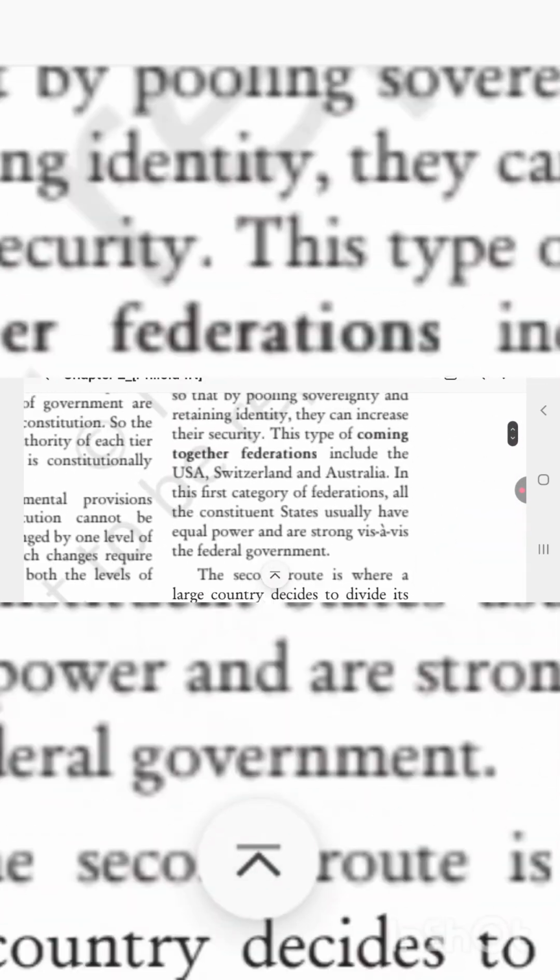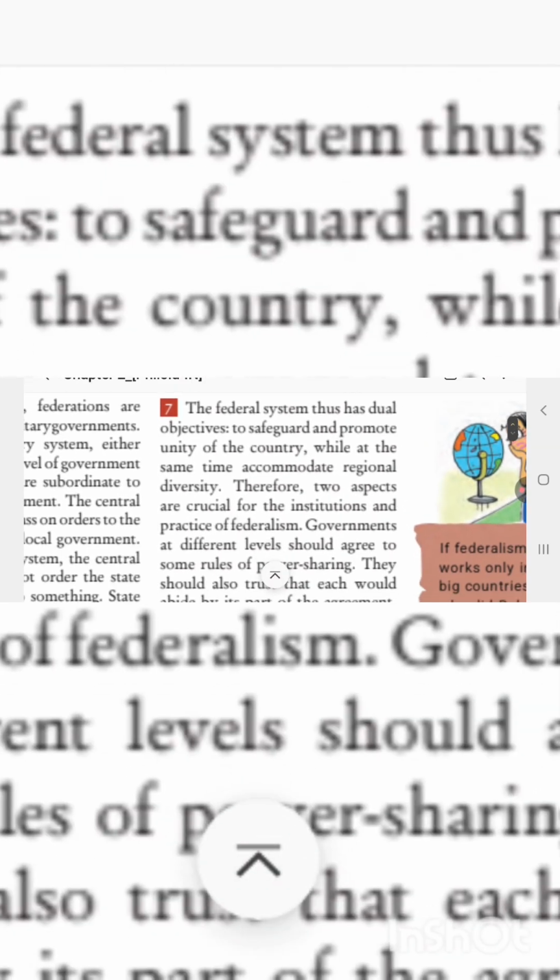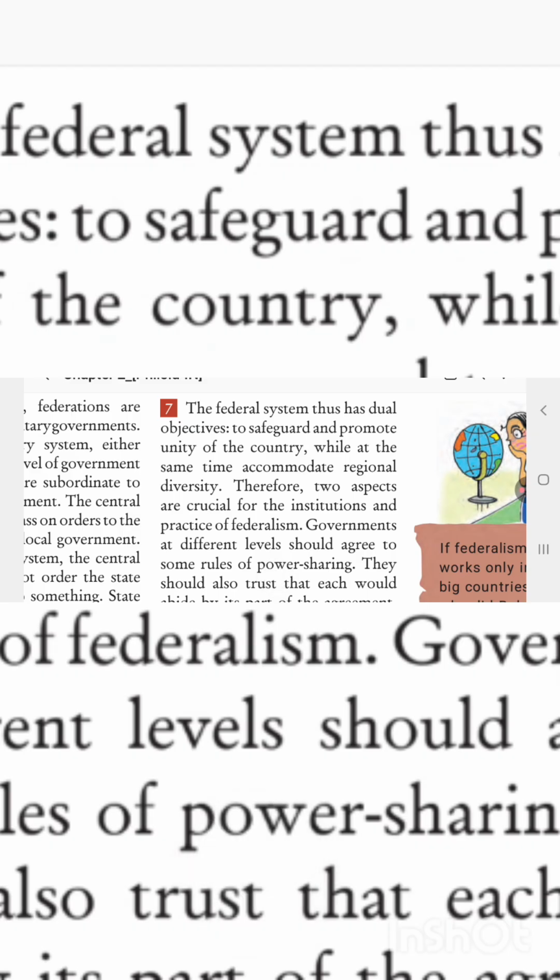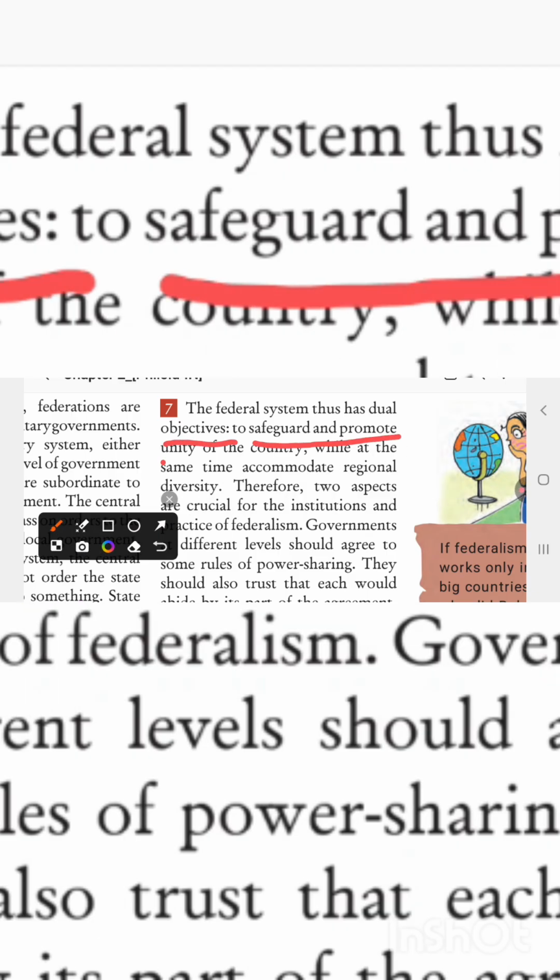Now let's move to the next part of this chapter. So here you can see it is written 7th, the federal system. It is not a feature of the federal system, but I must say, why do we need to have a federal system? So let's understand why we need a federal system. Here you can see there are two objectives. Need meaning objectives: to safeguard and promote unity in the country.